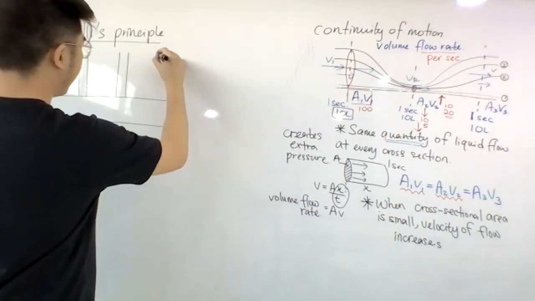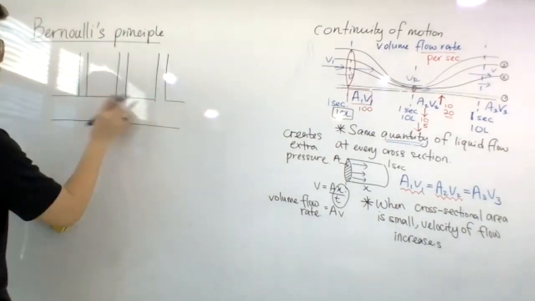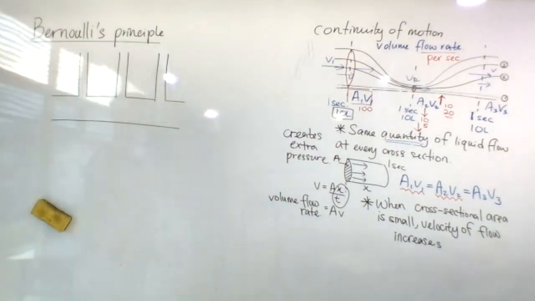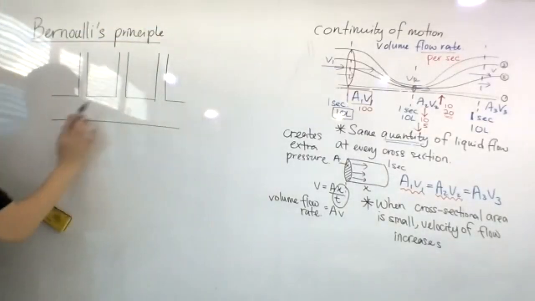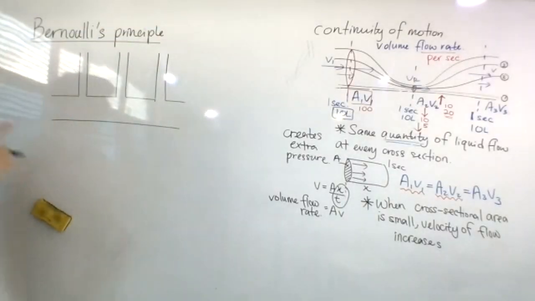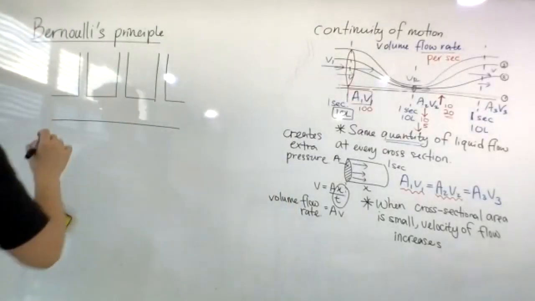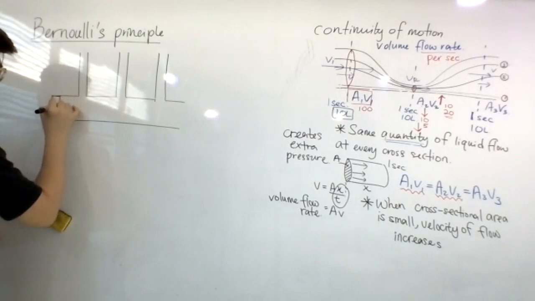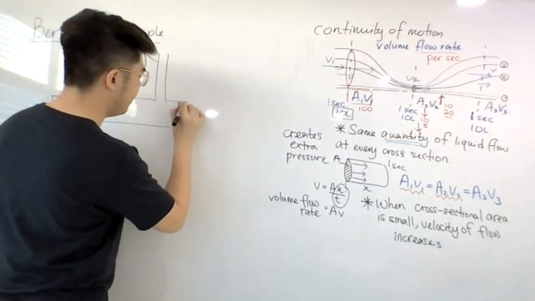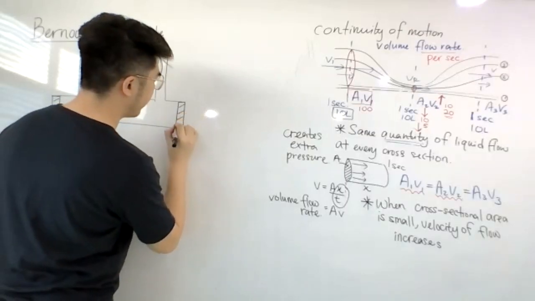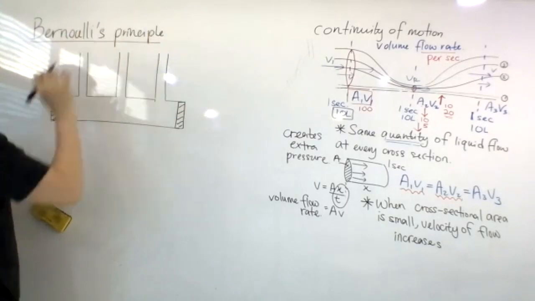This tube is cut out to make 3 columns, such that the water can rise in this column. Initially, I close the tube, okay? I seal the tube such that no water can flow in and no water can flow out. And then I fill this with water.